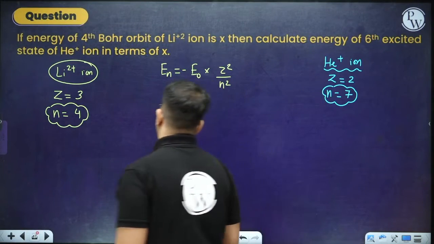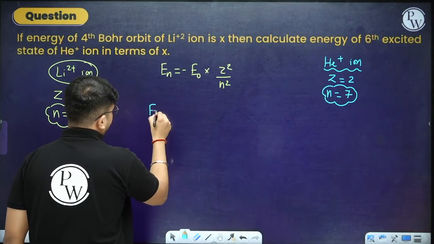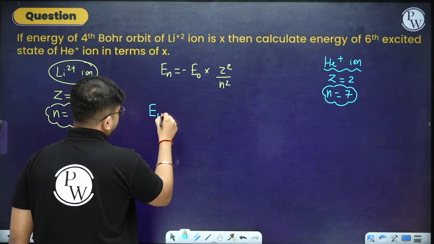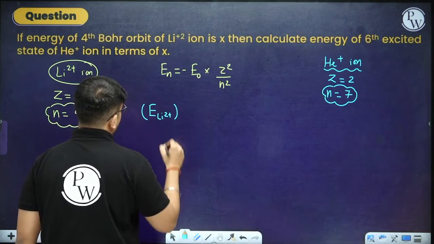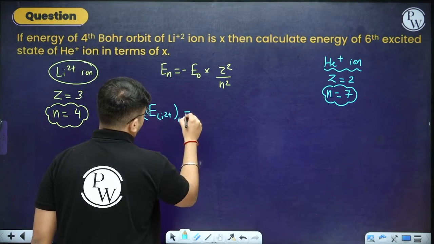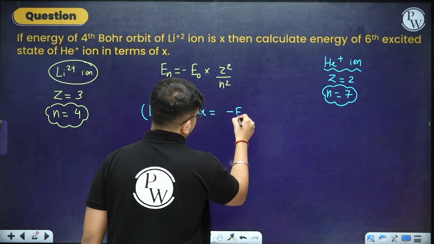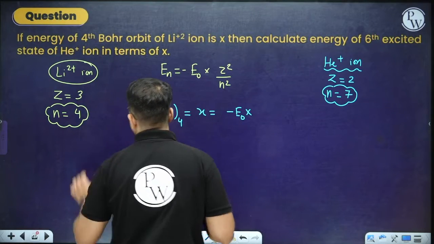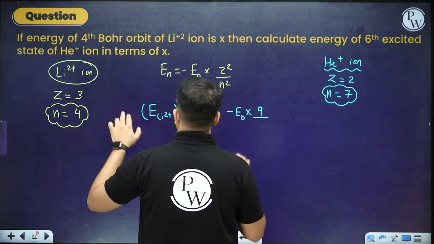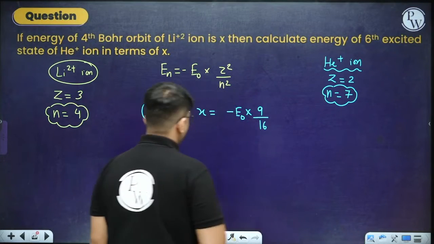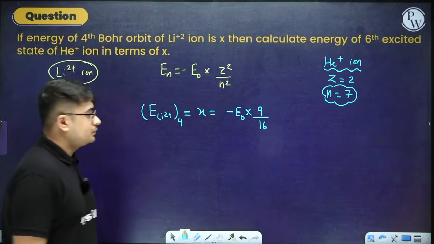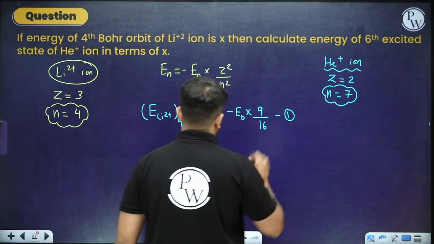Now, the energy for lithium 2 positive ion in its fourth orbit will be equal to X, and that will be equal to minus E naught multiplied by Z square, which is 9, divided by n square, which is 16. Okay, this value is already given. This is equation number 1.